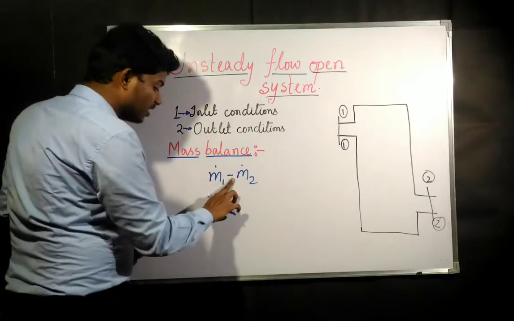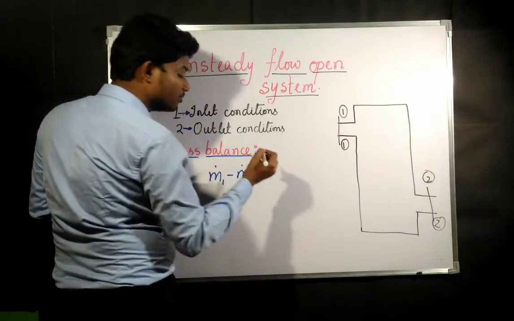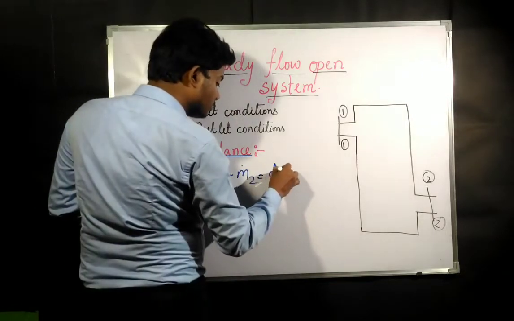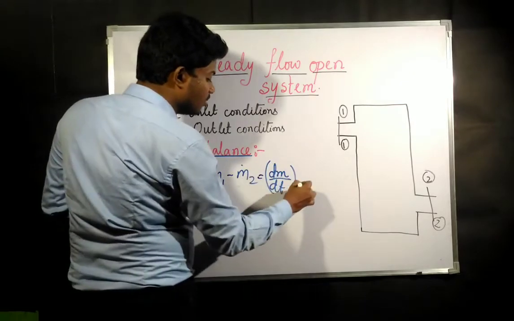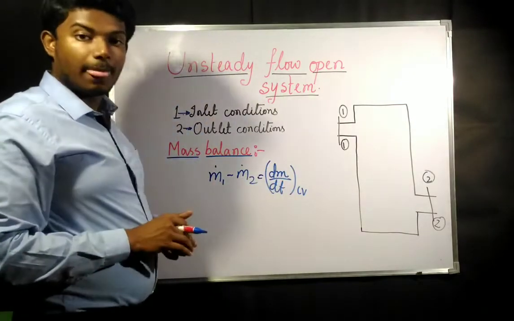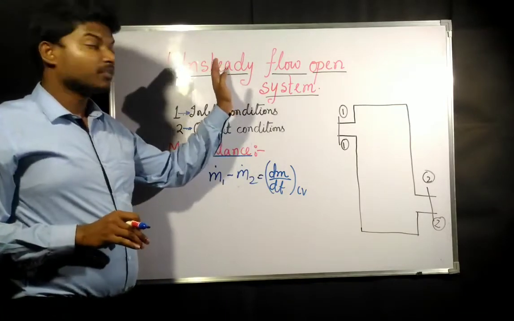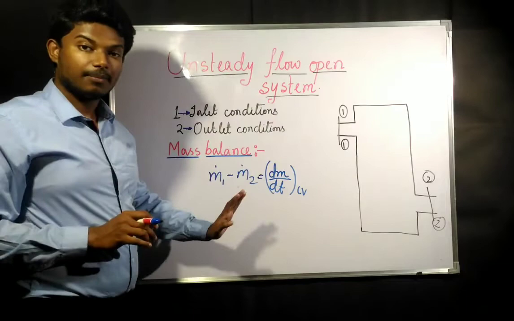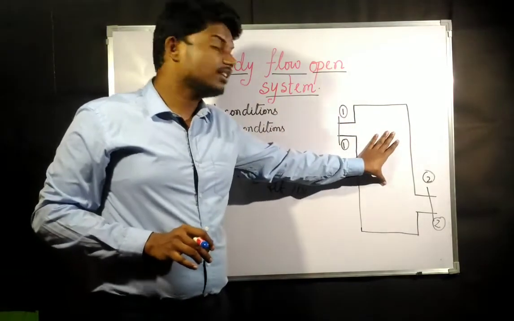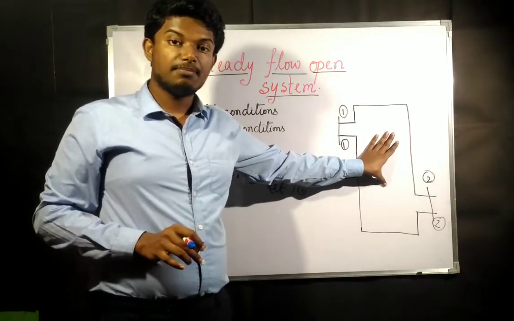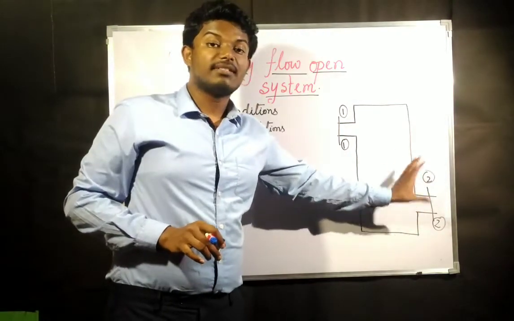Now, as this is unsteady flow, some mass accumulation is going to be there. Let us suppose the mass accumulation is dm by dt, the change of mass with respect to time for the control volume. This is the mass balance equation for an unsteady open flow system. Suppose 5 kg per second of air is going into the system and 2 kg per second is going out.